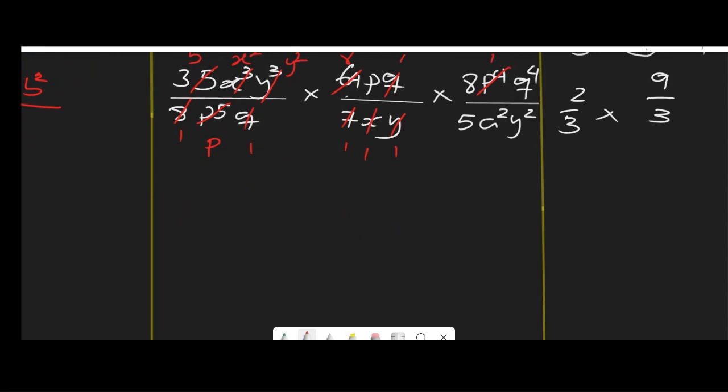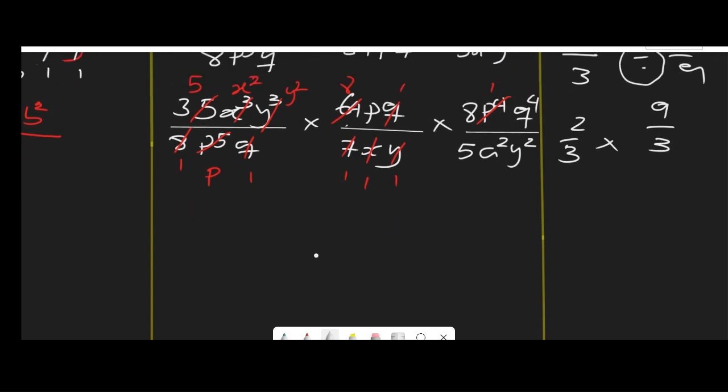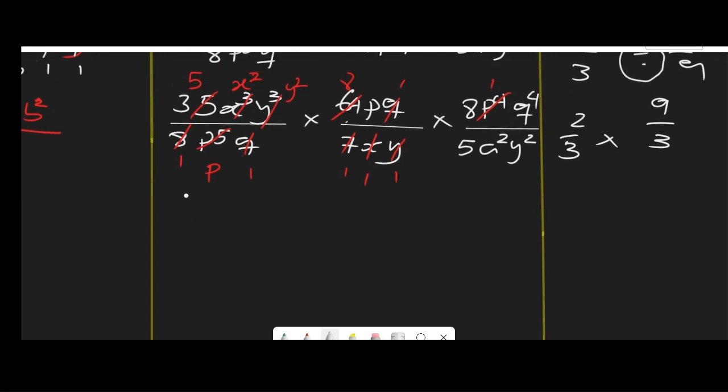So we have this expression. Okay, let me check it well. So we have 5x squared y squared over p. We are getting 1 times p times 1. That's going to be p. So just write p.